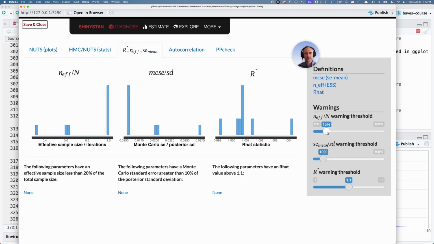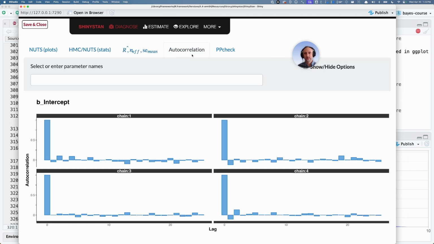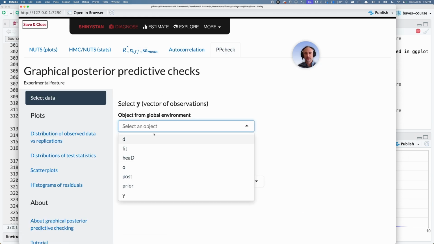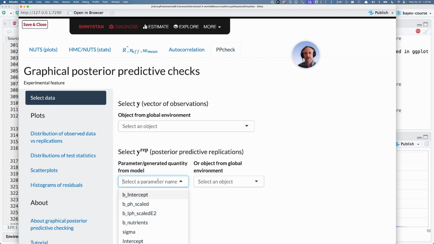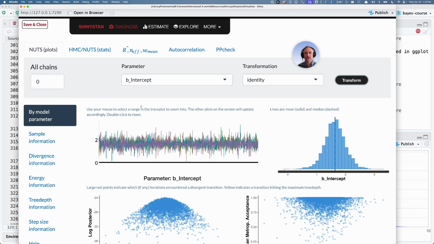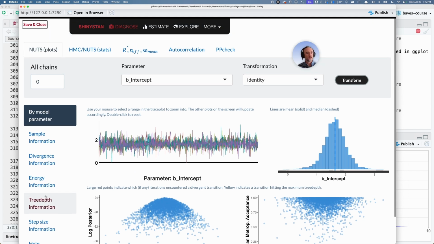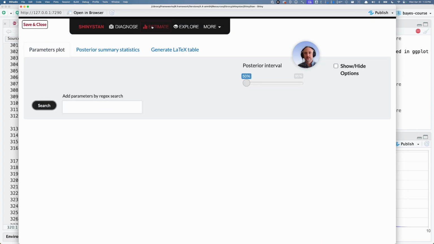You can have various filters to find parameters that are giving you problems, and look at autocorrelation. You can click through and actually run posterior predictive checks by selecting objects from your global environment, looking at which parameters you want to work with, looking at trace plots and so on. There's some information on the Hamiltonian dynamics if you need to look into that.